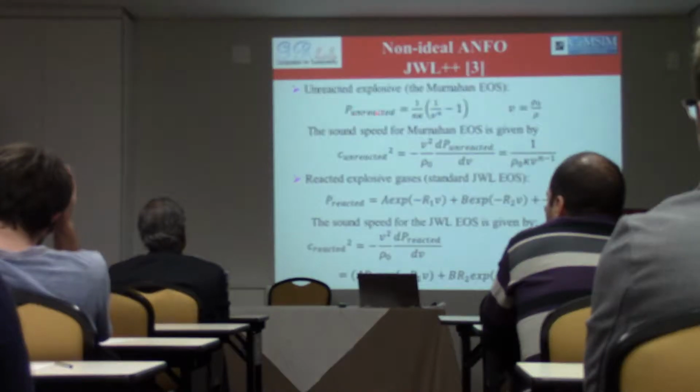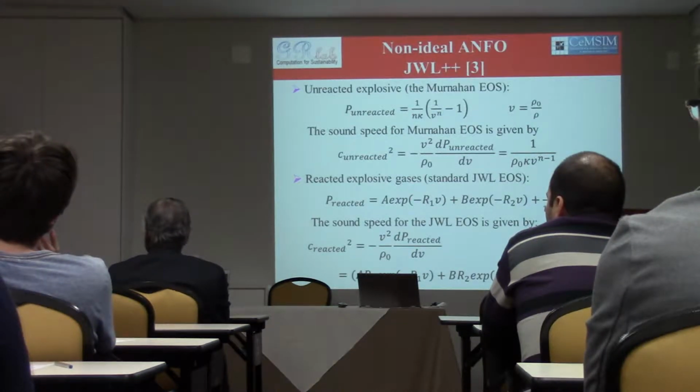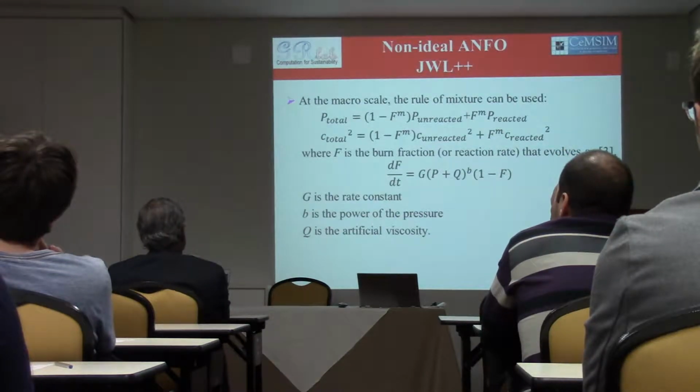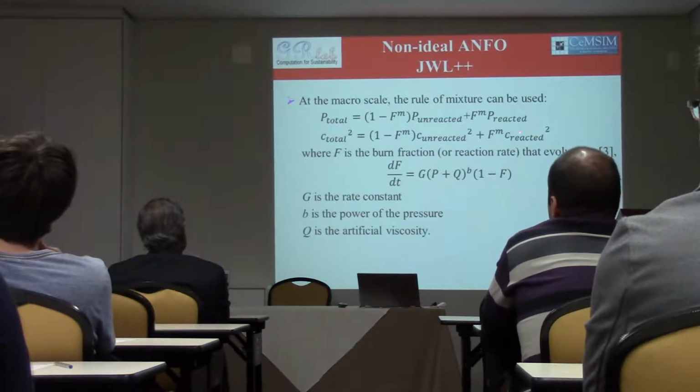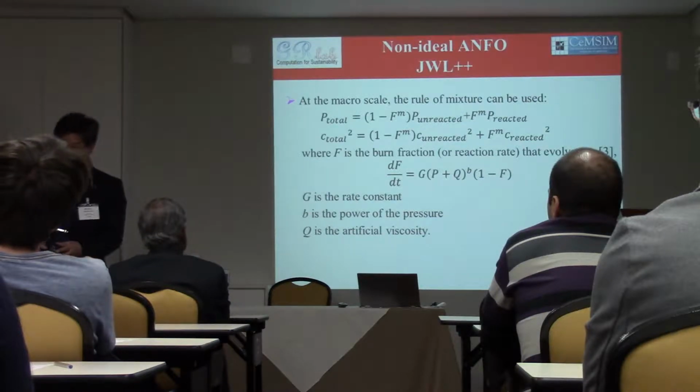So you have an equation of state for unreacted explosives and for reacted explosives. When you simulate the event that is happening, you combine these two together by the so-called rule of mixture, in which you always have a burning fraction, meaning what percentage of the material is burned and how much is not.